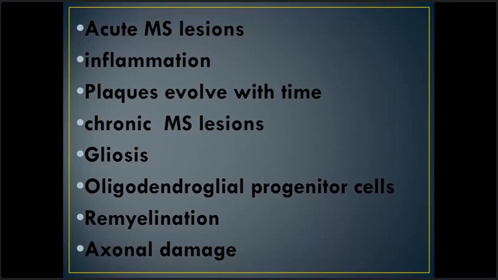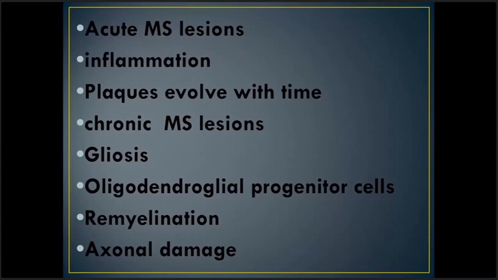With time, there is axonal damage, and the accumulative axonal damage increases with time. At the acute MS lesion, the axonal damage is due to inflammation. So, if it is due to inflammation, we can decrease this inflammation to preserve as many surviving axons as we can.